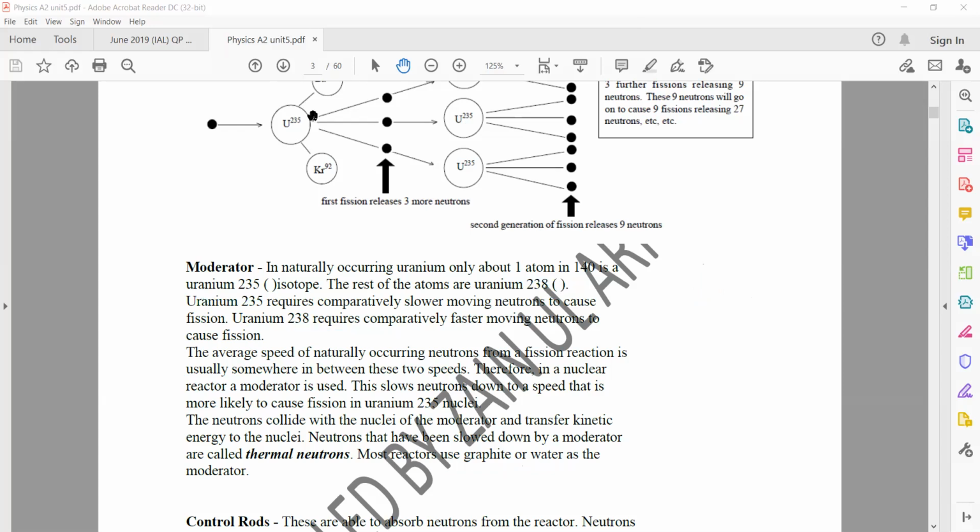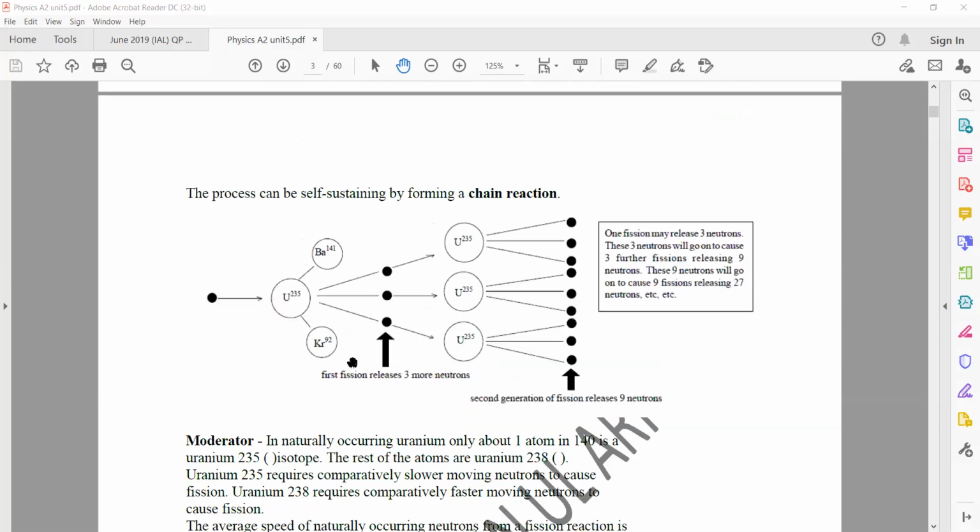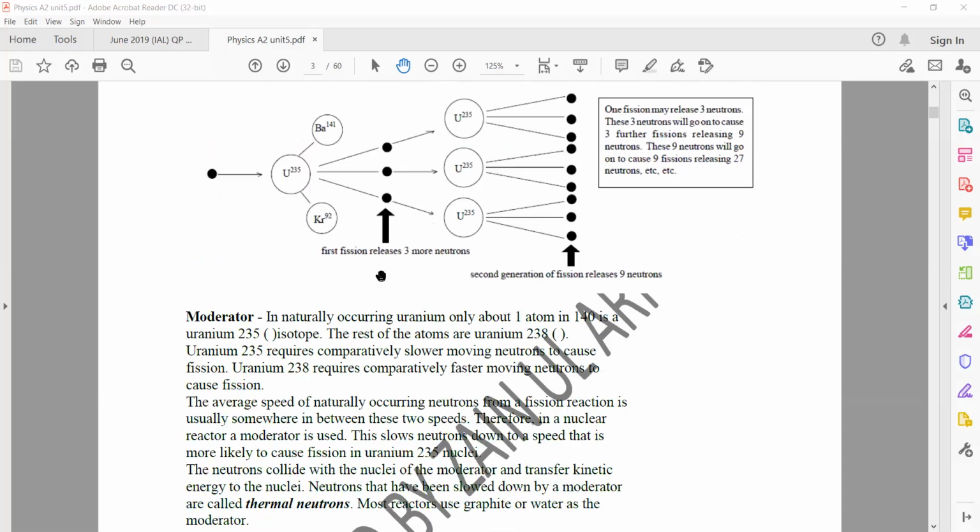And after that, we have a control rod, because this should be controlled fission. Otherwise, one fission releases a small amount of energy, but if the process is multiplied, it will give a lot of energy. So it should be a controlled one.